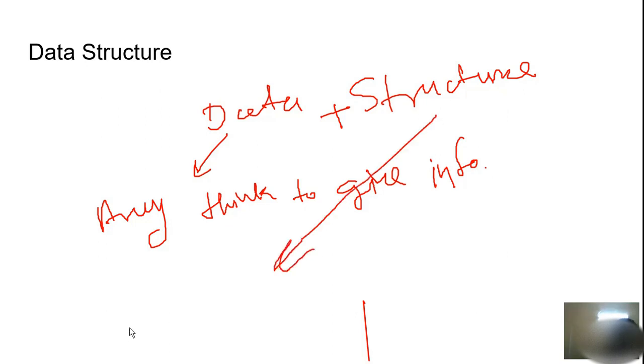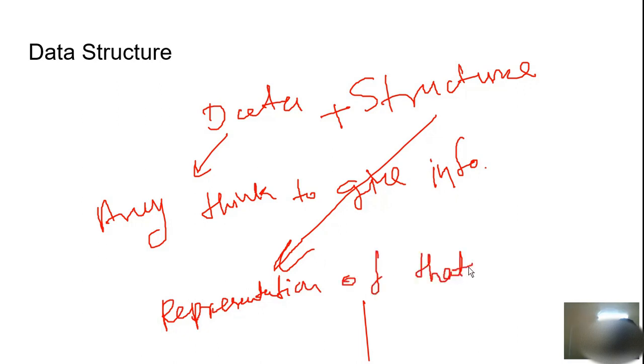It means the representation of that particular data. So in data structure, the structure is a representation, for example an array or a graph.